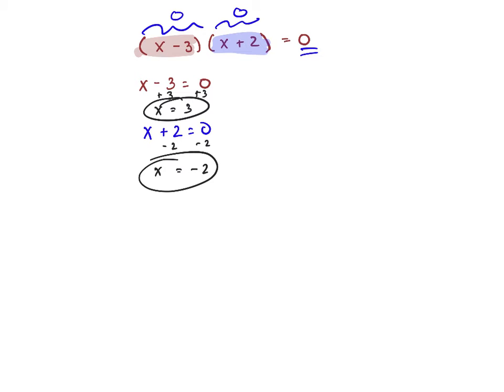So what I'm going to do is take my x minus 3 times x plus 2, and I'm going to multiply those together. Now to do this, we have to distribute. So we go x times x, and we go x times 2.